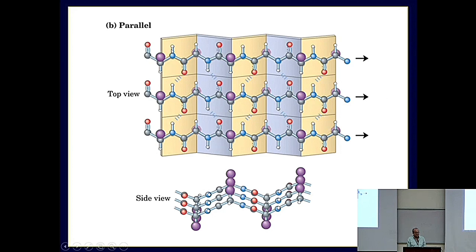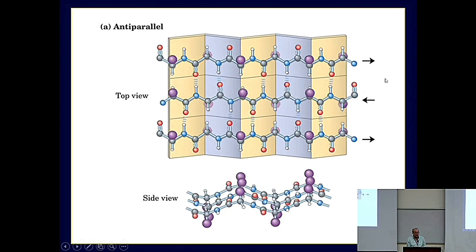These are called parallel, again, because all the polypeptides are oriented the same way, carboxy to amino. Or, if one of them is oriented in a different way, amino to carboxy, then this beta pleated sheet becomes anti-parallel. Okay, that's all we need to understand on that.